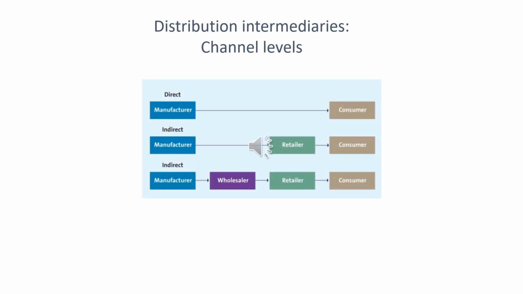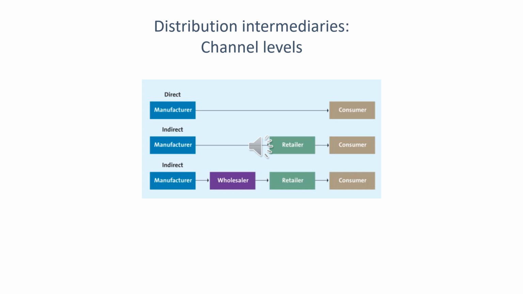This slide shows the different levels of distribution, which depend on the number of intermediaries involved. At one extreme, we have direct distribution, where the manufacturer sells directly to consumers with no intermediaries.